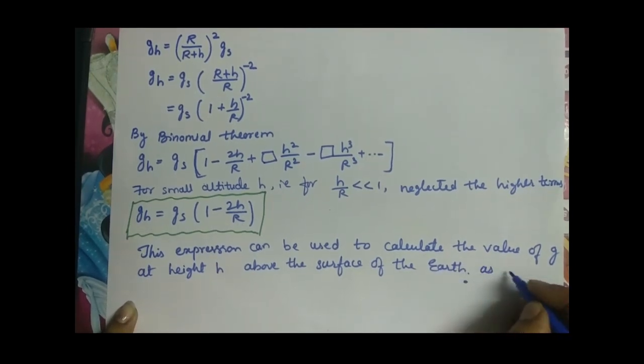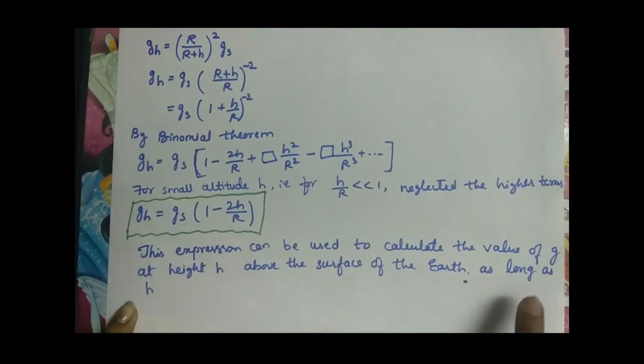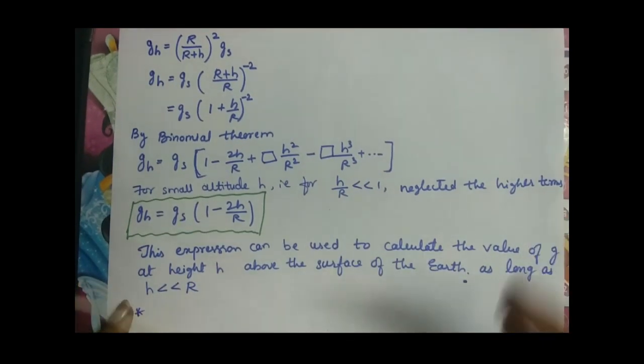as long as, what is the limitation? As long as, till what you can use this expression? Till h is very small compared to the radius of the earth. Means what will happen if you apply this for the greater height?